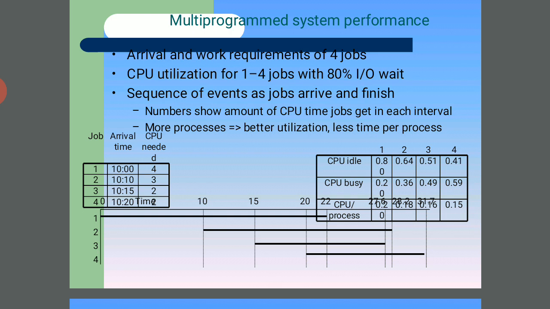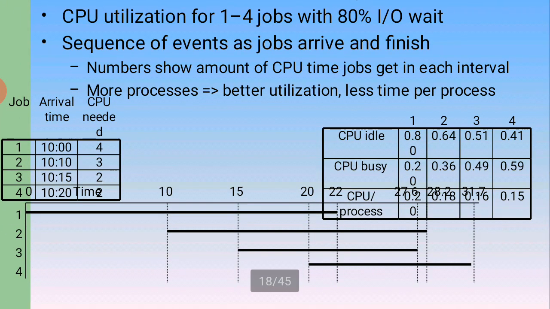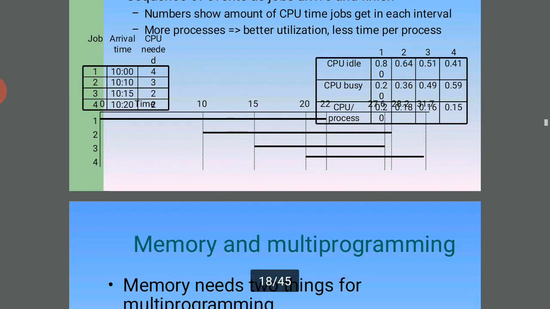So with more processes there is better utilization, with less time for each process. Here the central processing unit is idle or busy. So these are multi-programming and the system performance.